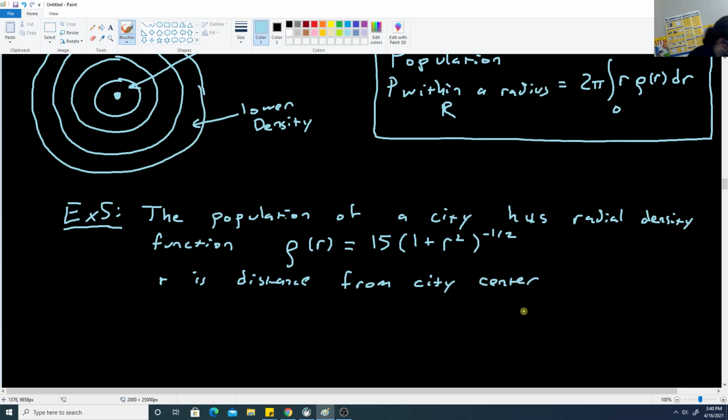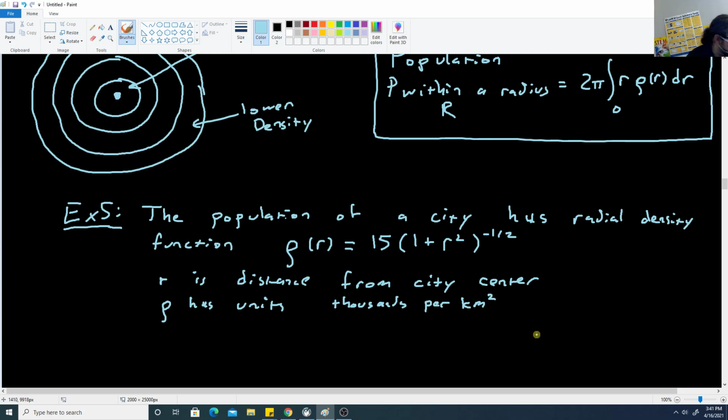Rho has units of thousands of people per square kilometer. So we'll say 1,000 per square kilometer. That's the units of rho.